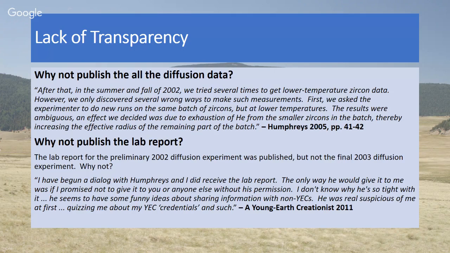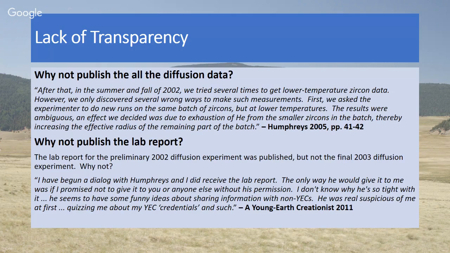You publish the data. But it's not just the data they withheld. They did publish preliminary data from an experiment back in 2002. Well, okay, so they published some data from 2002, and when they published that data, because they were not able to do the experiment themselves, they had to work with a third party, an external lab, to do the experiments.